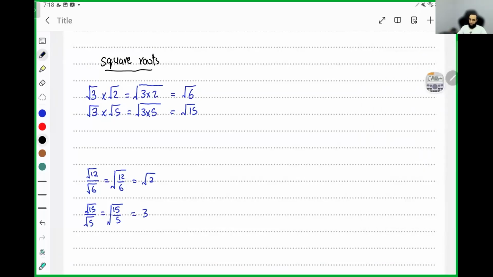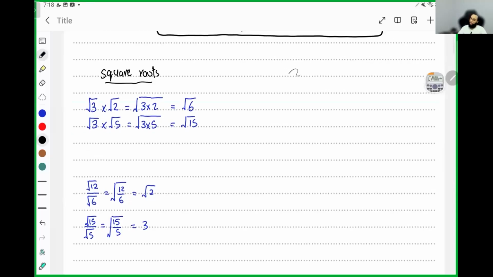But actually, we can do this only if they are both square roots. If it is a square root and a cubic root, it doesn't work. They should be two square roots. So if you have something like root 3 times cubic root 2, could we do that?